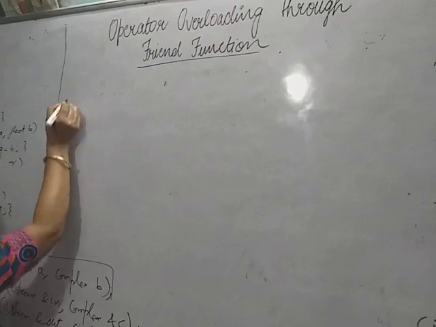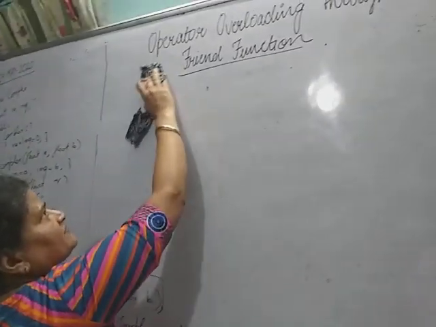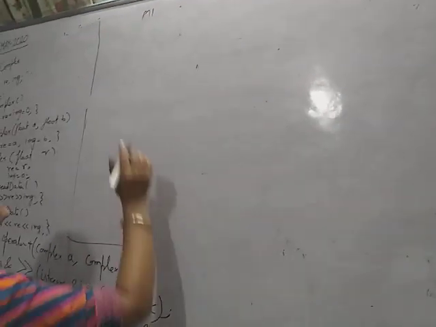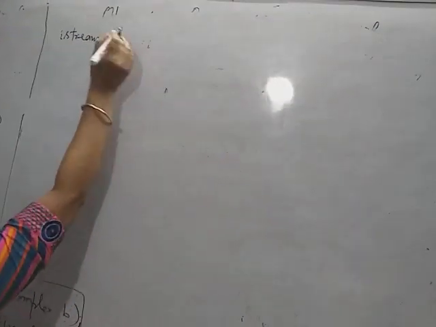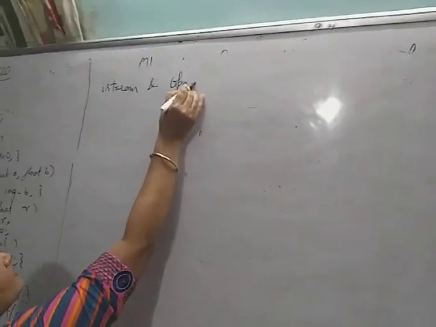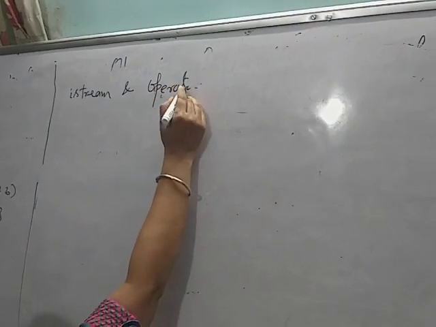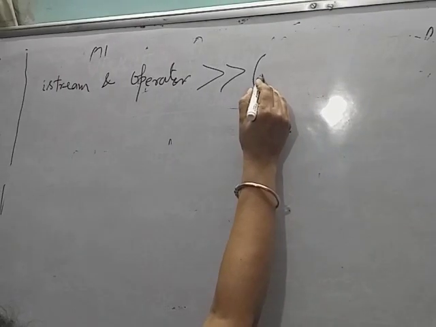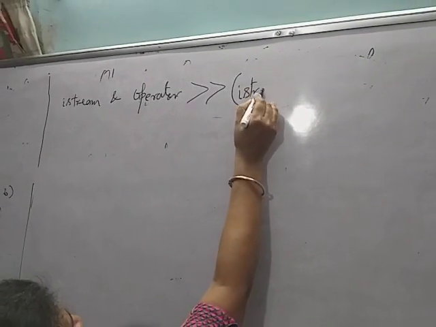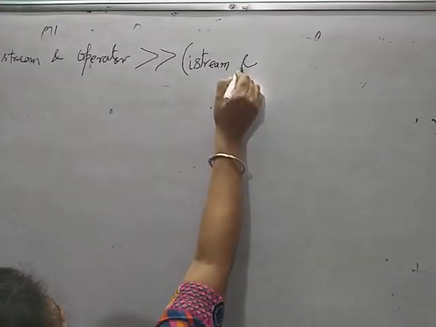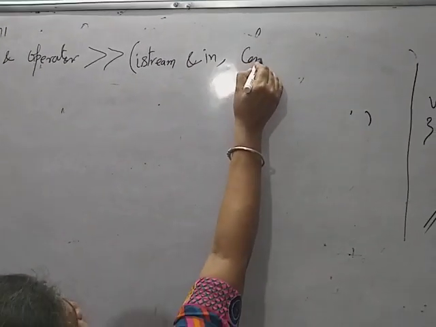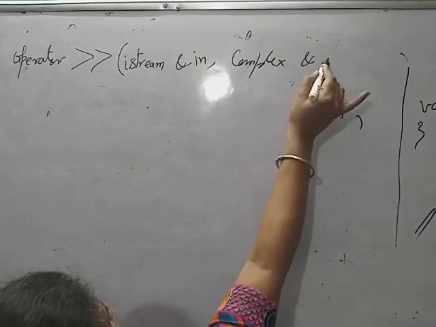istream, because this is a friend function, so no scope resolution operator is required. So directly we write istream& operator>>(istream& in, complex& C).